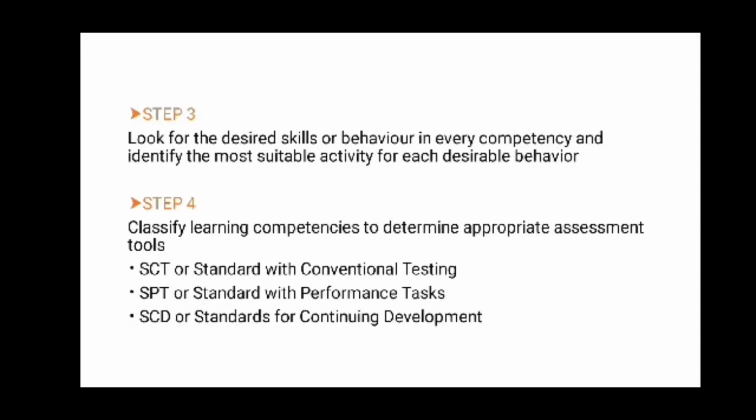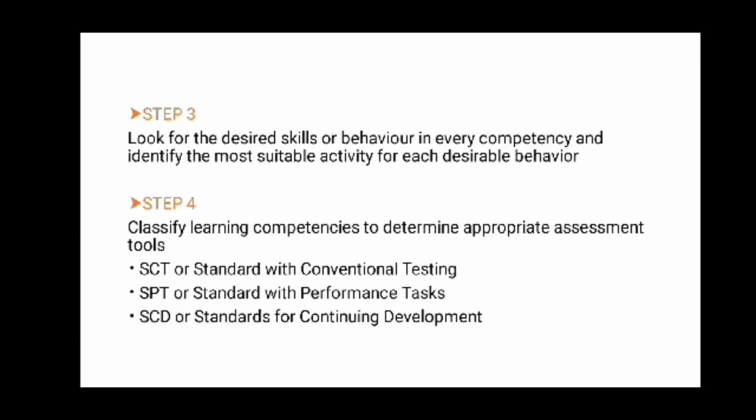Step 3. Look for the desired skills or behavior in every competency. Identify the most suitable activity for each desirable behavior. Example: create crafts that can be locally assembled with local materials, guided by local traditional techniques.